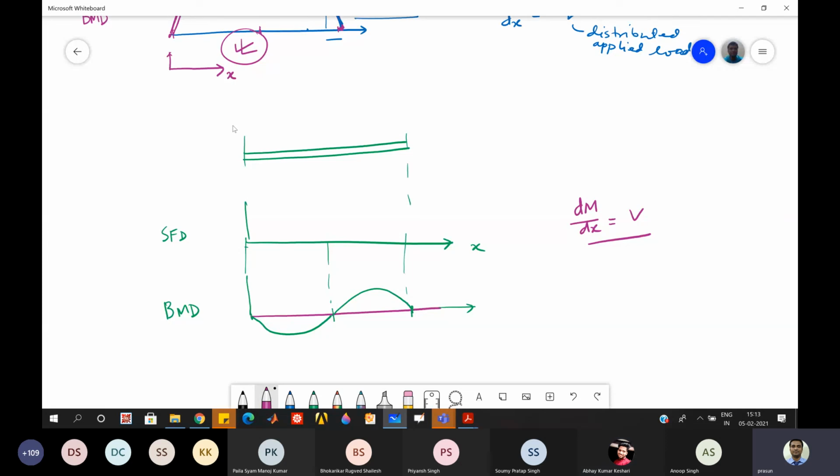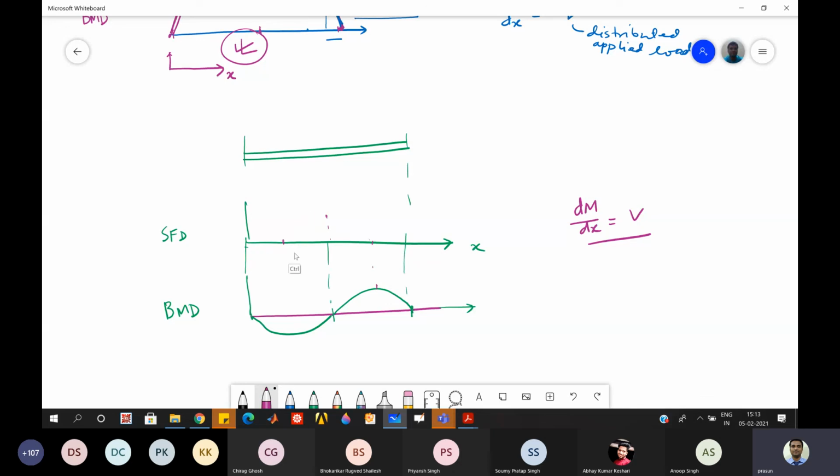Inverted V, but you have to be very specific about where it is starting and where it is ending. Yes, sir. It will basically cut the x-axis at the midpoints of both the parts, and peak at the midpoint. Okay. So it is something like this.